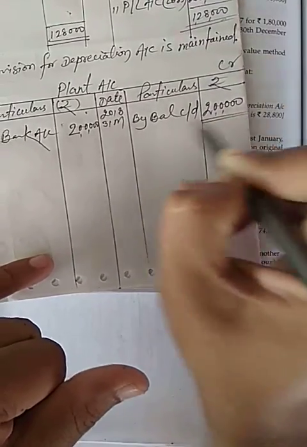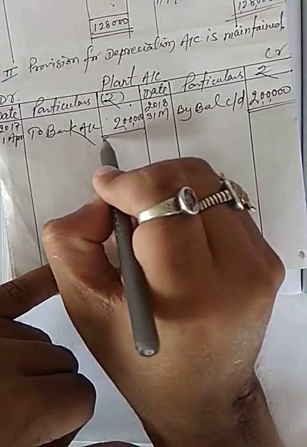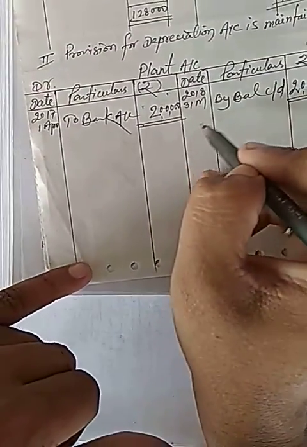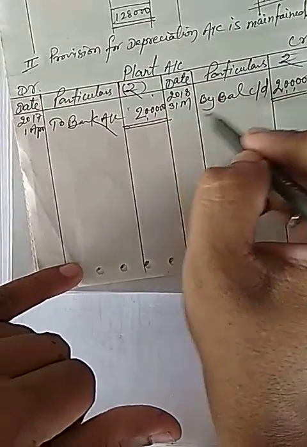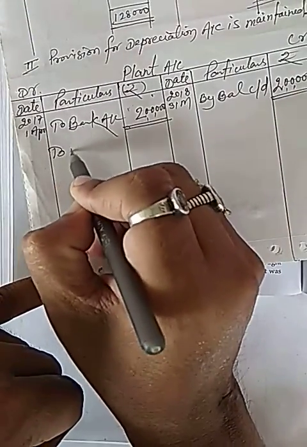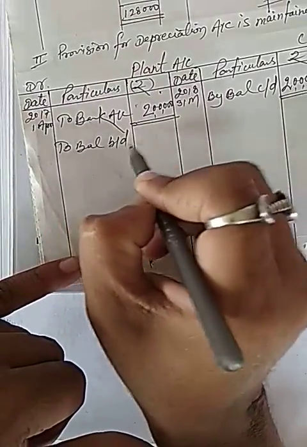Now I will close this amount this year and transfer it as balance BD to the next year.